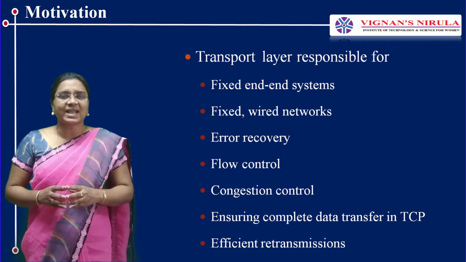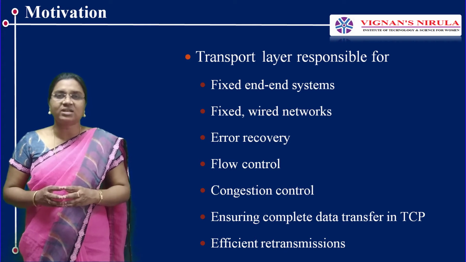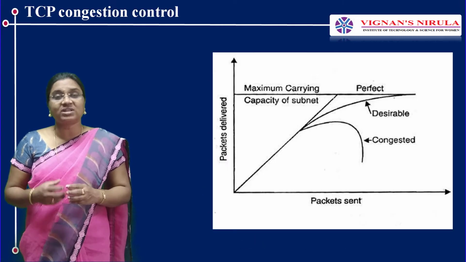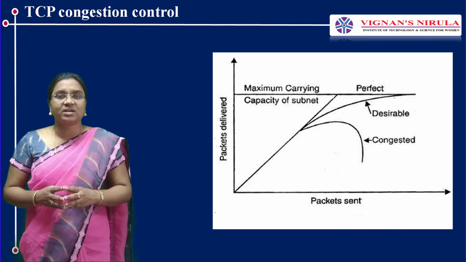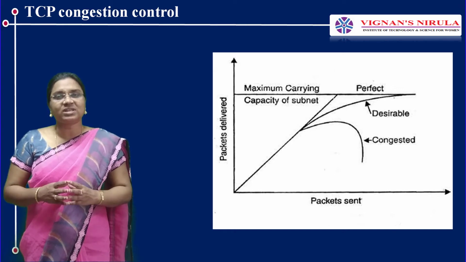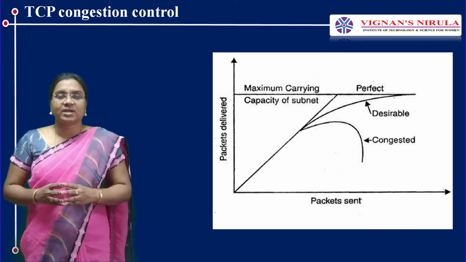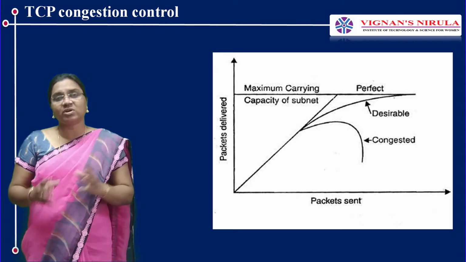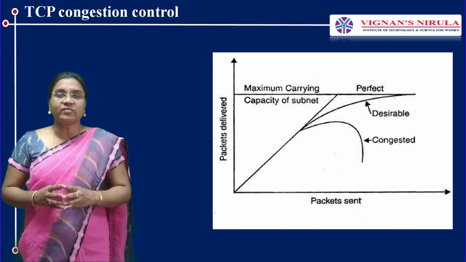Every network has its own capacity to carry data. If the sender is sending more data beyond the network's capacity, then what happens? If we are using the capacity of the link efficiently, then it is fine, we get the throughput. But if we are sending more data beyond the capacity, the network cannot process it.